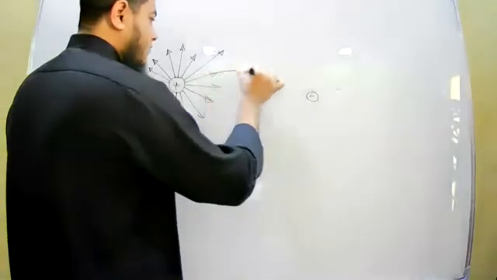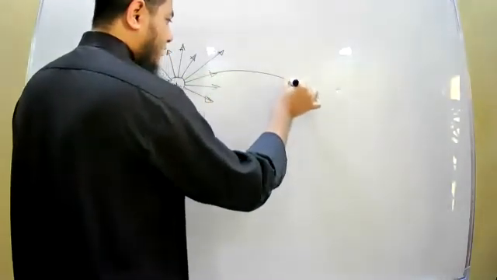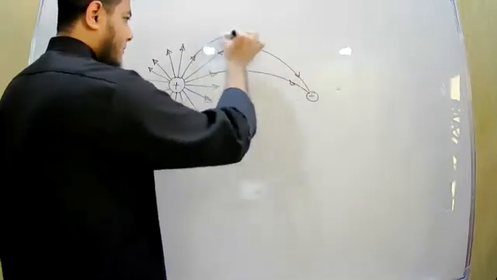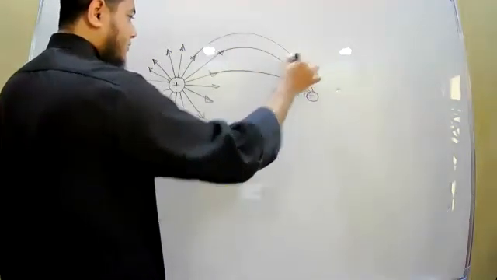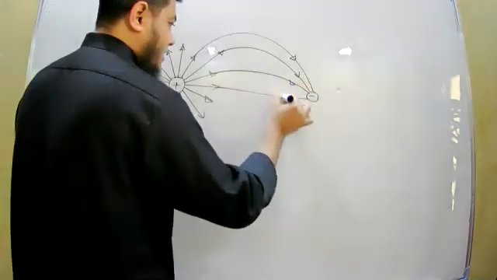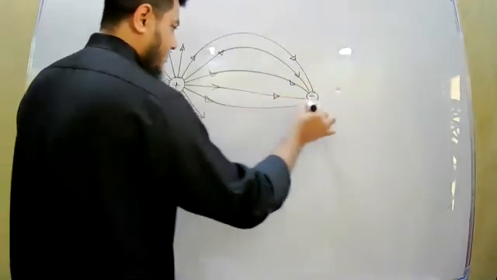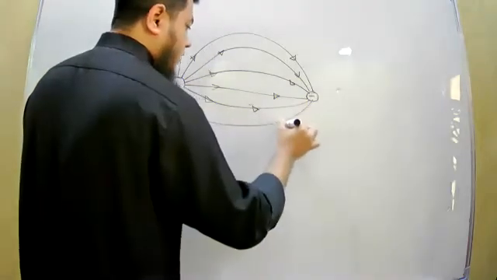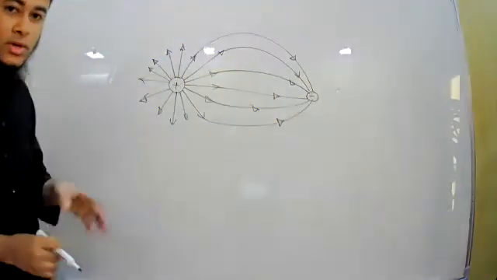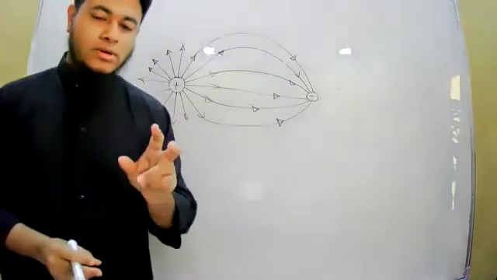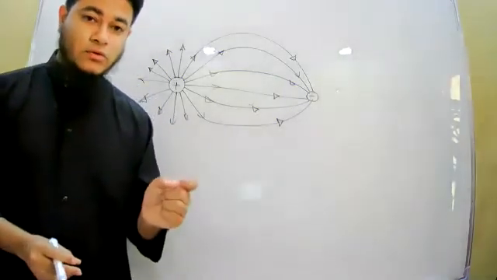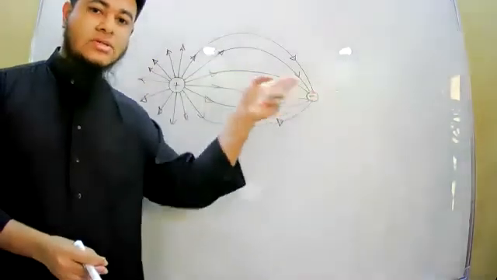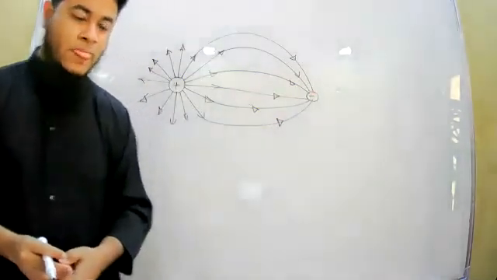So the lines of force will go and enter over here. All the lines of force will try to enter. So it will go like that. Understood? So remember this important point: the electric lines of force come out of the positive charges and enter into the negative charges.